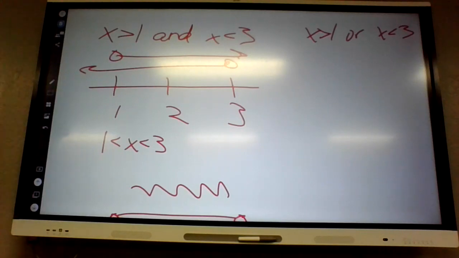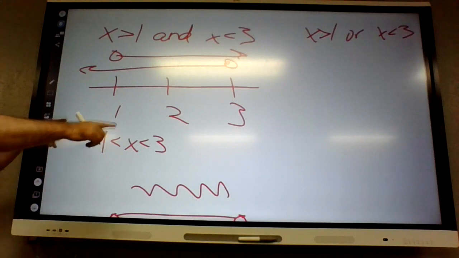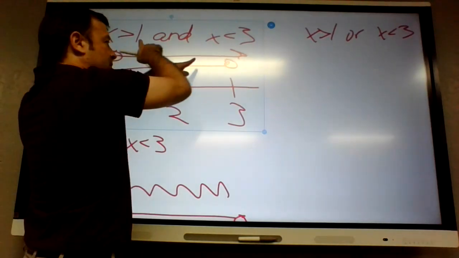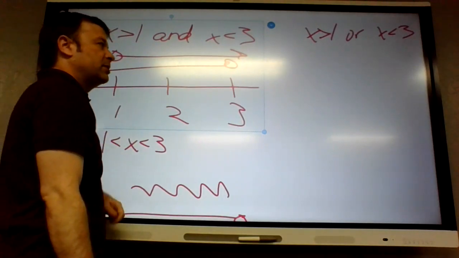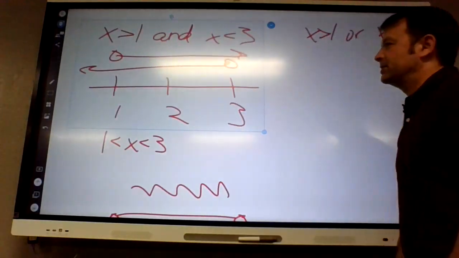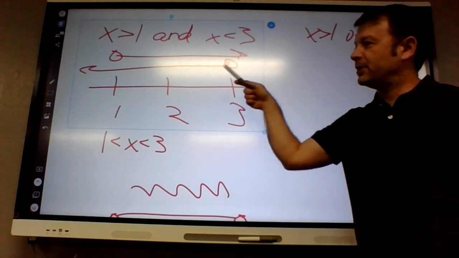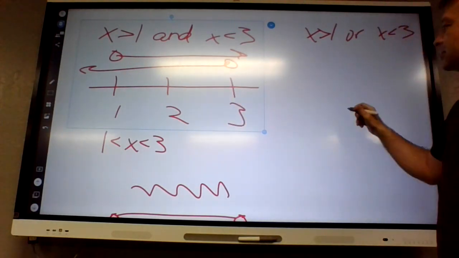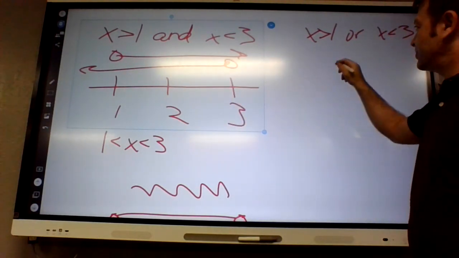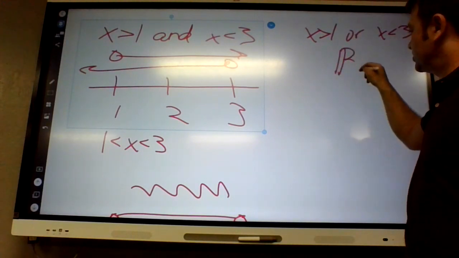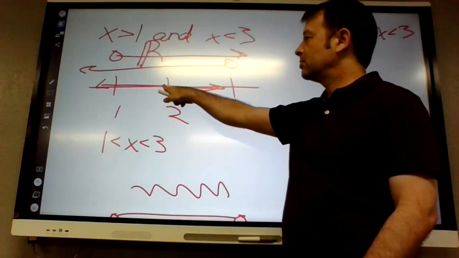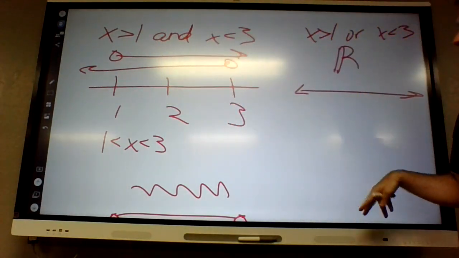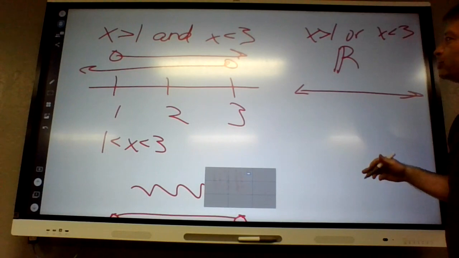Yes. So what's the answer? Everything. If you think about these lines, what do they cover together? Everything. So every possible number is covered, because they go forever this way and forever that way and they overlap. So the final answer for this one would be all real numbers, and the graph would just be a solid line. Okay, so that's kind of a weird one for "or."